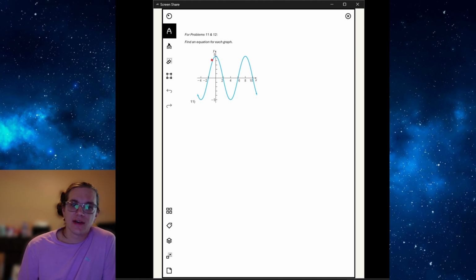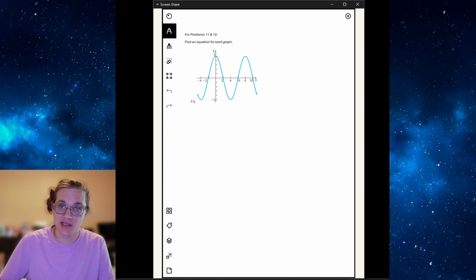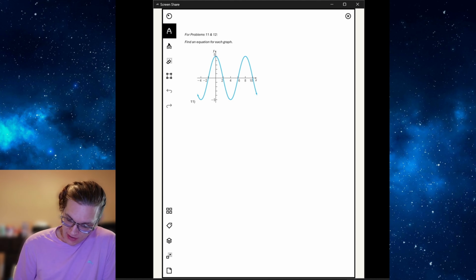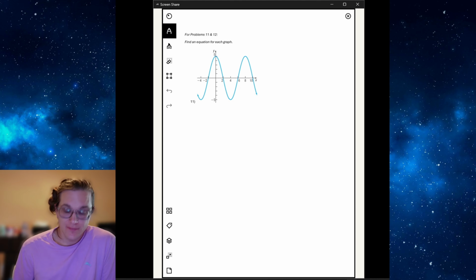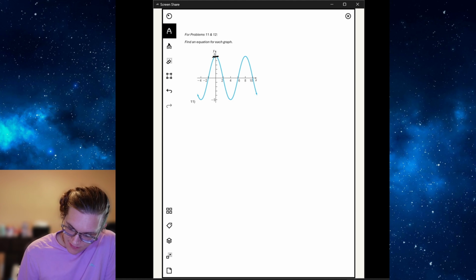Okay? Find the equation for each graph. This is the kind of thing you might hear a professor say or read in a book where it says by inspection, do this or that. So to find an equation for this graph, I have to inspect a few things. First thing I'm inspecting is that the top of the graph is occurring at y equals 5.